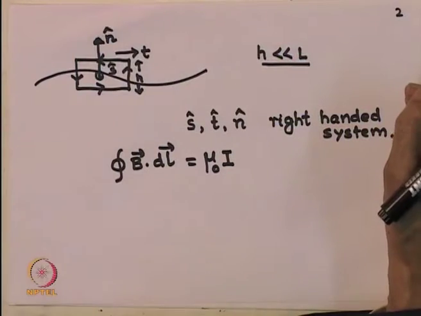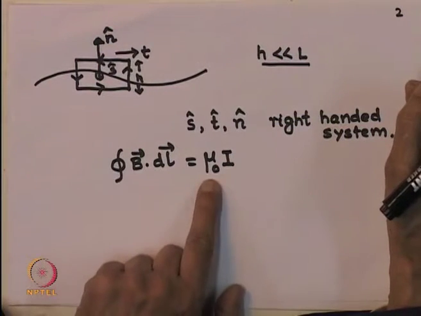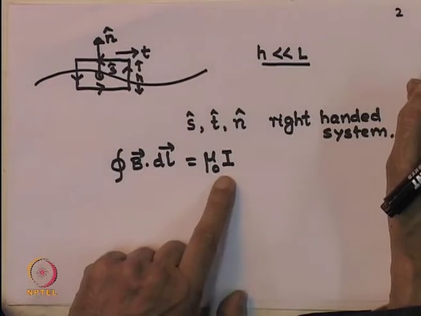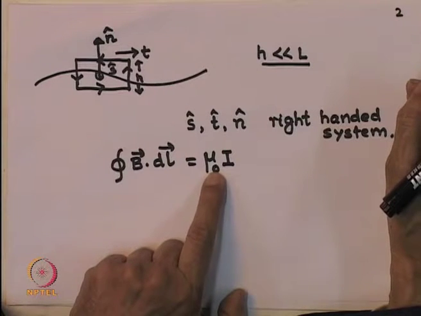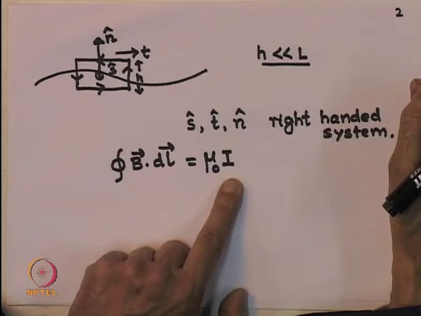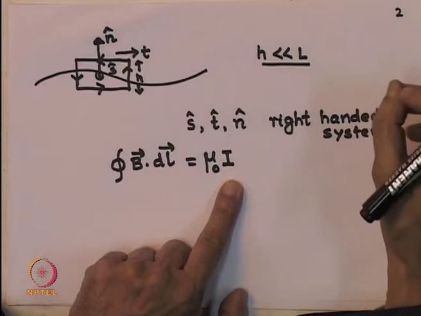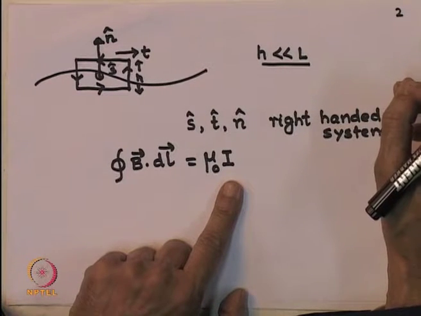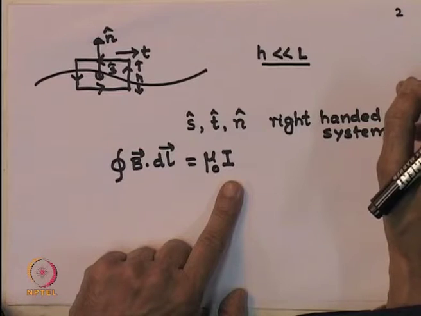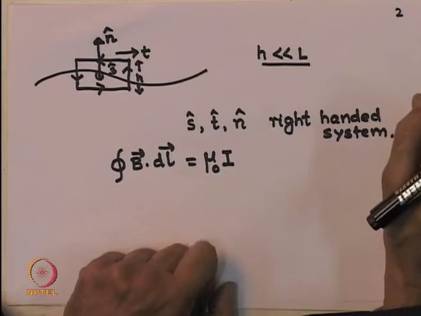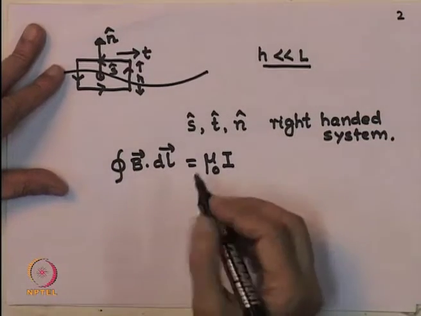Now, integral B dot dl is not equal to 0. So, this will lead to a discontinuity in the tangential component of the magnetic field, and this tangential component will be related to the surface current density that is passing through. So, let us look at how one does it.